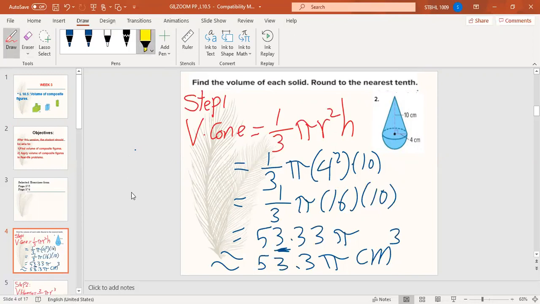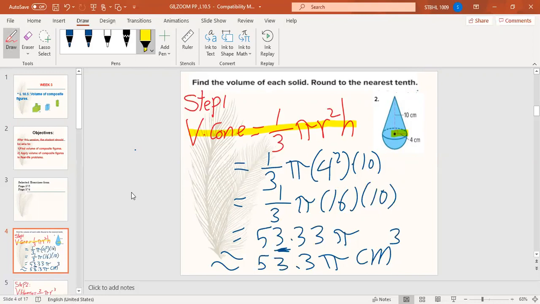So we will begin step 1 with the volume of the cone. Volume of cone equals 1/3 pi r squared times h, which is height. The radius of the cone is 4 centimeters, and notice that it's at the same time the radius of the hemisphere.